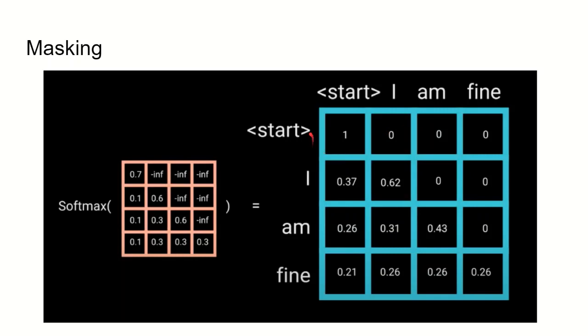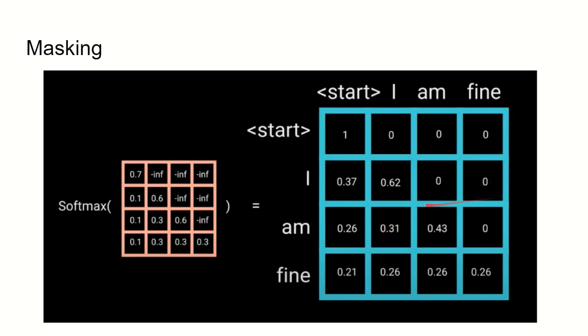So for example, in this sentence, we have the start character, and then we have I am fine. If we're at am, we don't want am to be able to just look forward and say, okay, the next word's fine, so I need to guess that the next word's fine. So instead, we just mask it. Before we do the softmax, we put it as -infinity, which once we do the softmax will become 0.